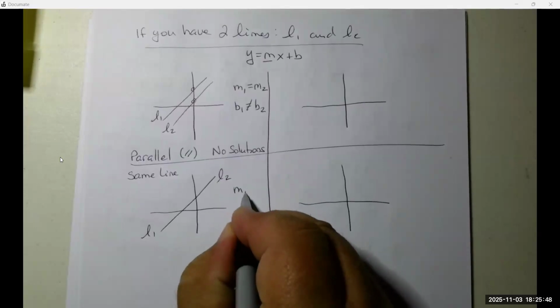The next one, line 1 and line 2 are the same line. If line 1 and line 2 are the same lines, what has to be true about them? Well, they have to have the same slopes.